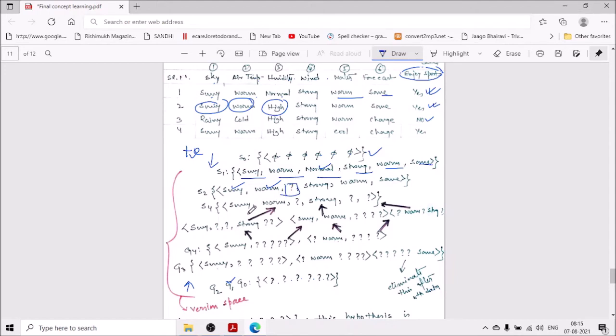That means use the more general symbol. Next, strong and strong, keep as it is, strong. Warm, warm, keep as it is. Same and same, keep as it is, same. So this is our S2. Since it is positive, keep G2 as it is.